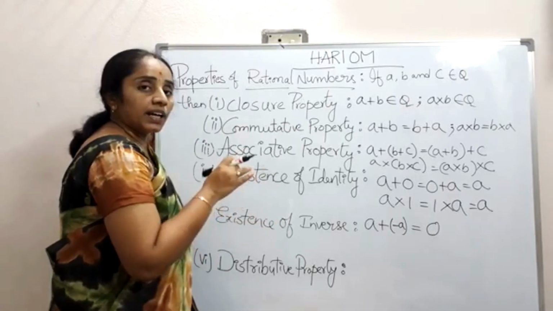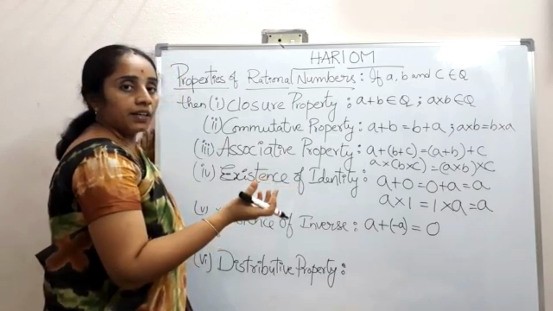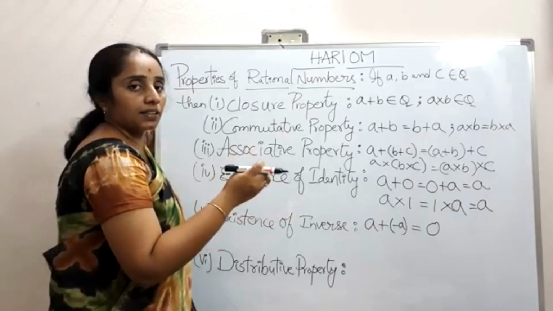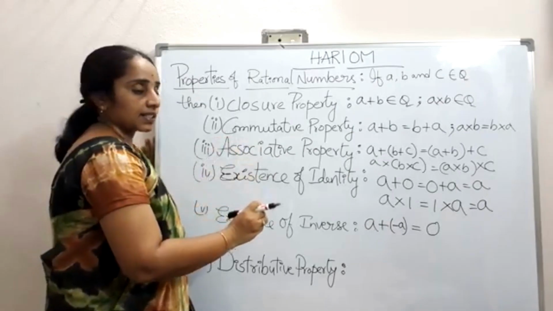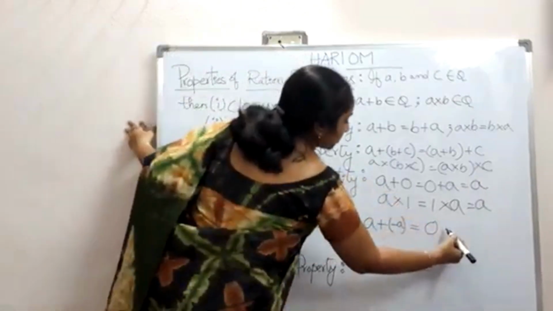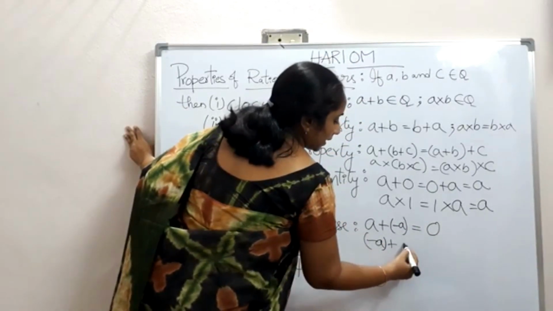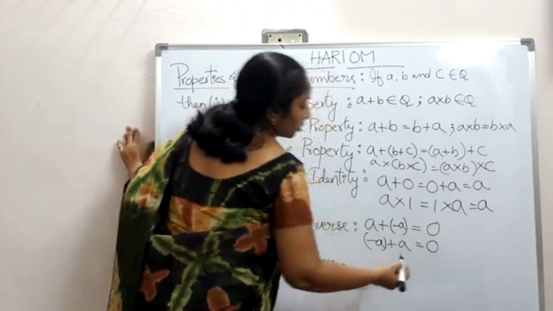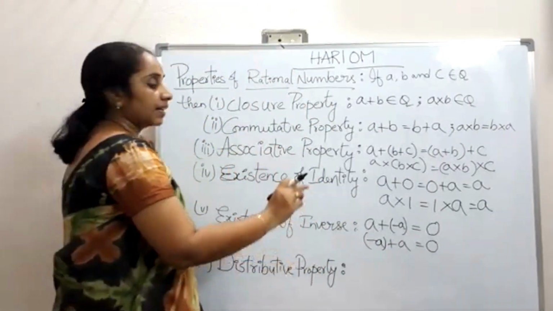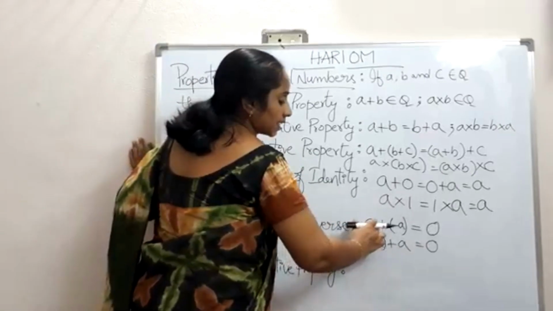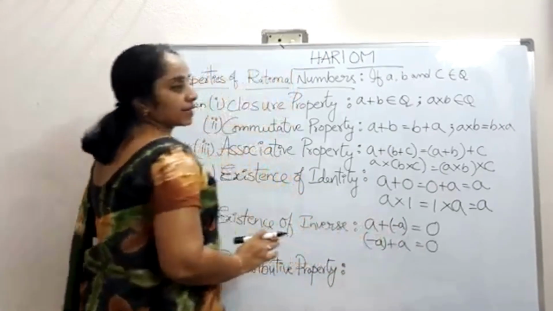If we add a number to another number and get 0 as the result, then we call that the existence of inverse. In the same way, minus a plus a is equal to 0. So from these two, we conclude that the additive inverse of a is minus a, and the additive inverse of minus a is a.